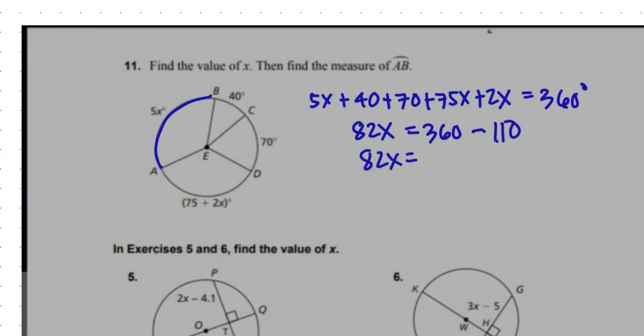So 360 minus 110 is 250. Oh, why did I put 75x here? Hold on, my bad. It should be only 75. It should be 7x.